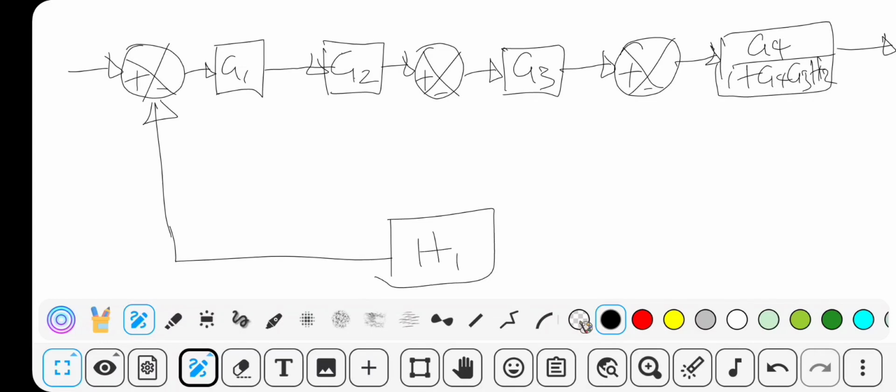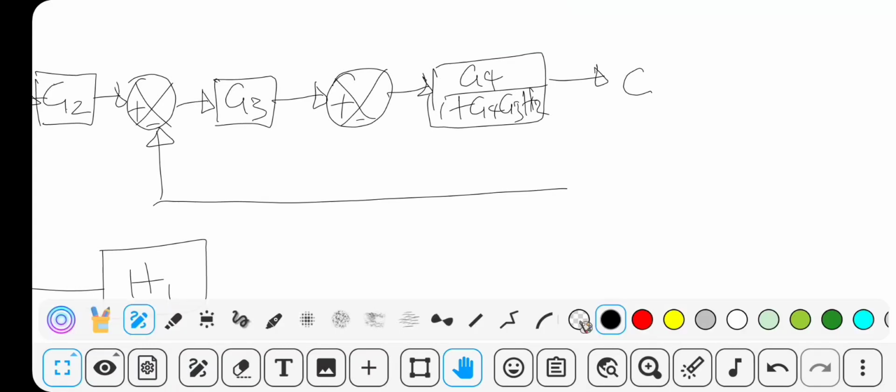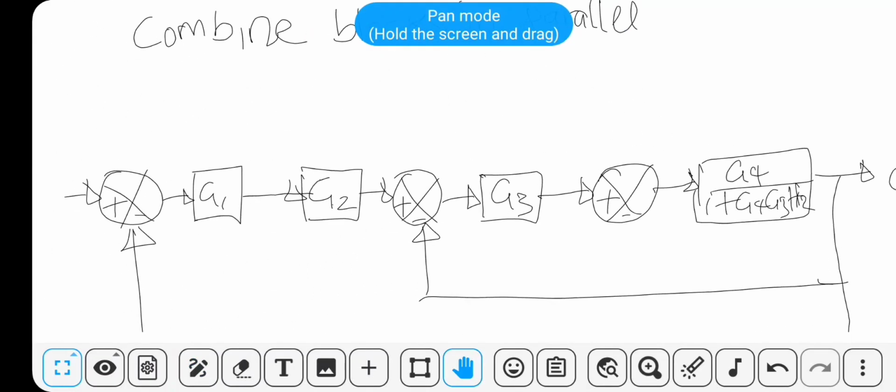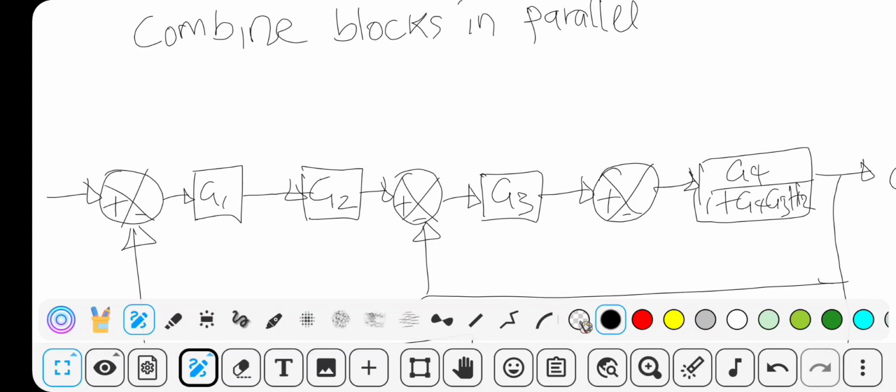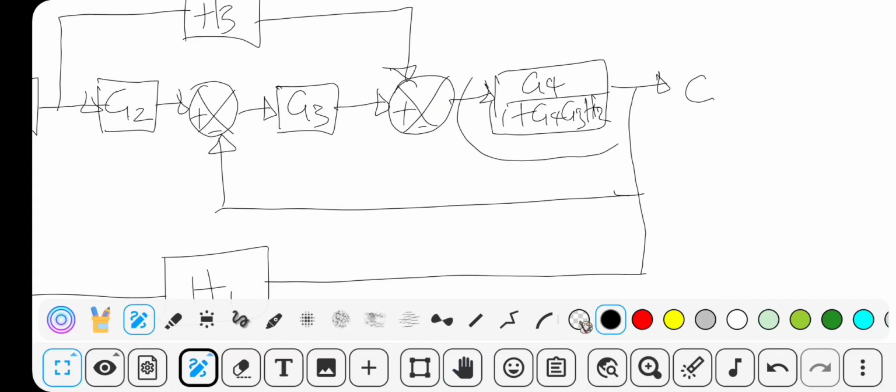This is your H1, H3. This is what you get after combining those blocks in parallel.